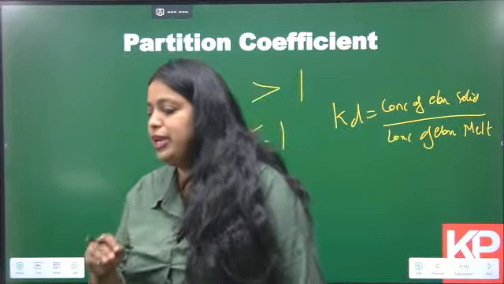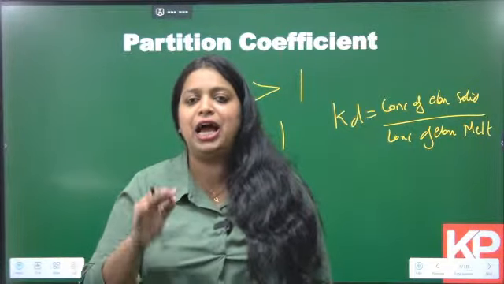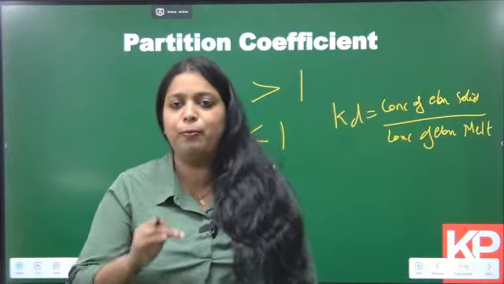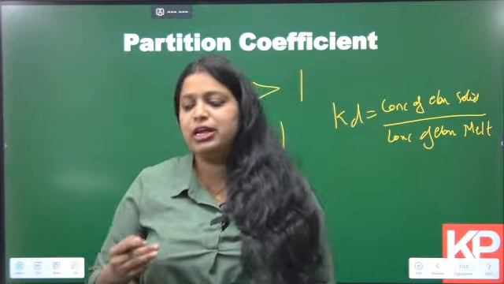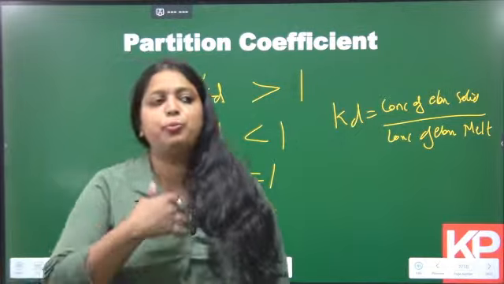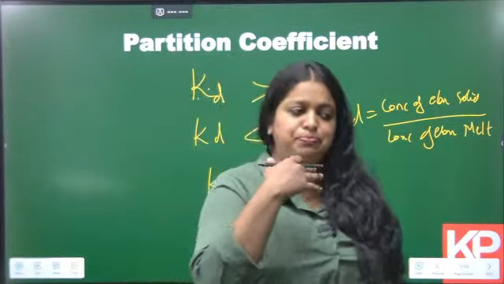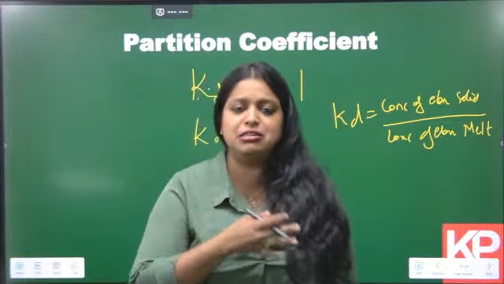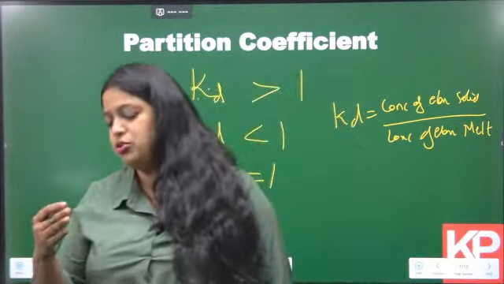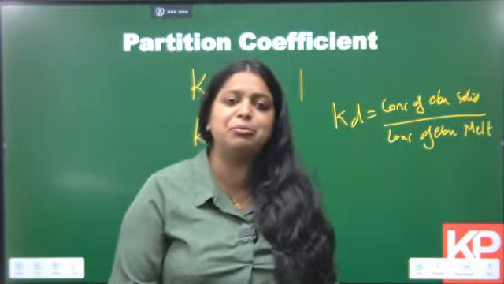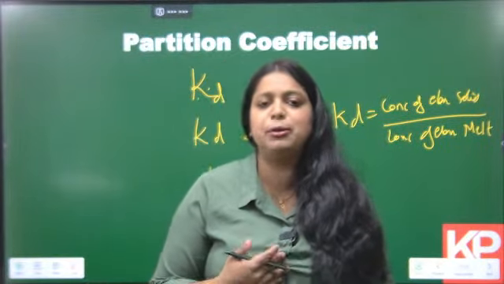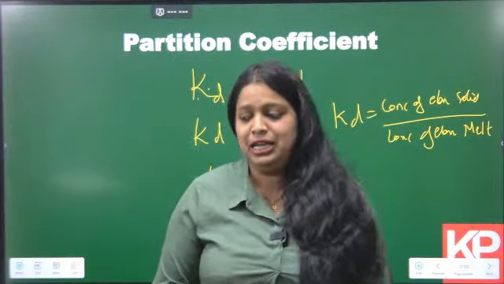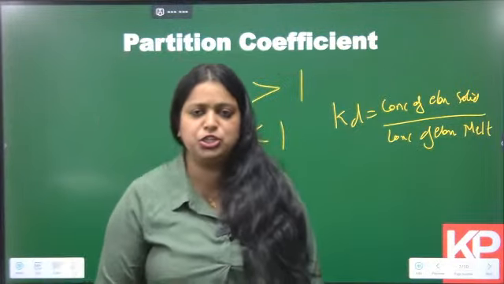Nickel in olivine will always have a Kd value greater than 1 because nickel is compatible in olivine, whereas rubidium may not be compatible in olivine, so its partition coefficient in olivine will be less than 1. So compatibility and incompatibility can be identified by looking at the partition coefficient value of an element in a particular mineral. I hope you understood what partition coefficient is.